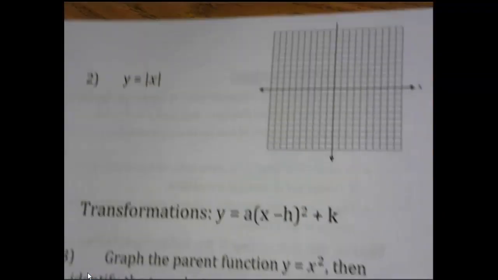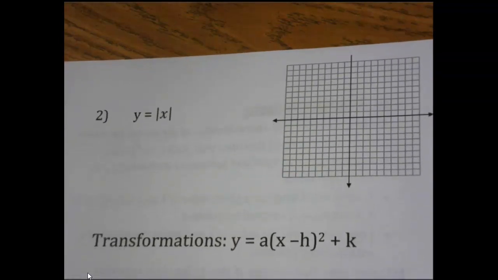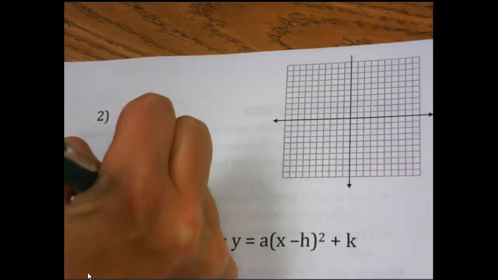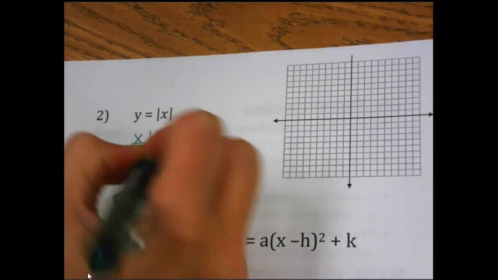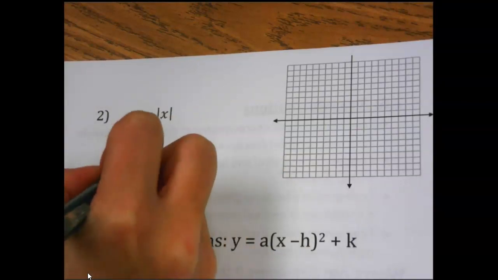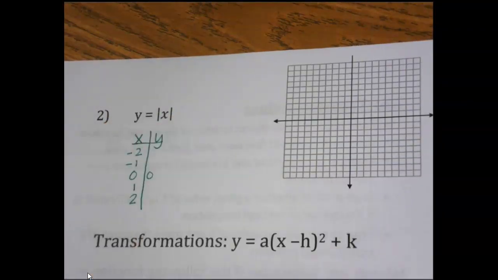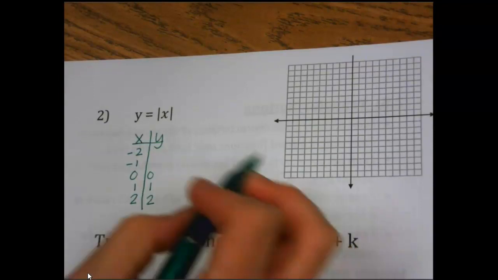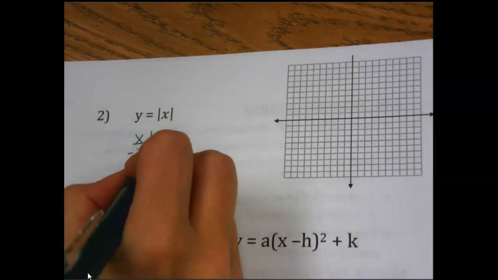Here's our next one, y equals the absolute value of x. Again, we're going to make a quick table of values. It also has a vertex at 0, 0, so we're going to go a couple points on the left and the right of that. If you put 1 into the absolute value, it's just 1. 2 is 2. But if you put a negative 1 in, it comes out as a positive 1.